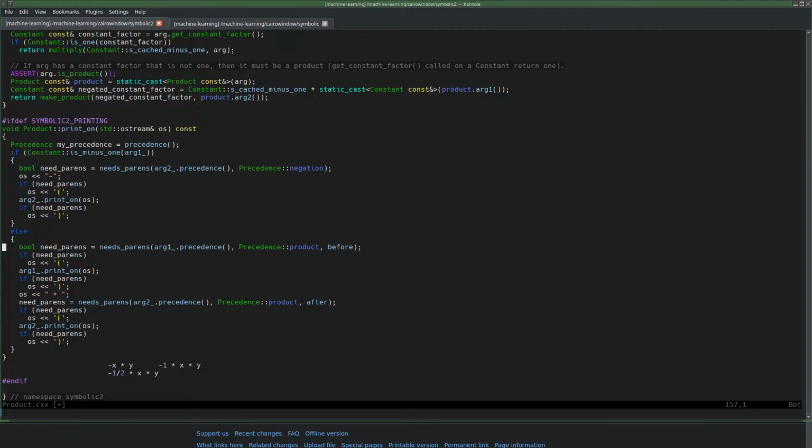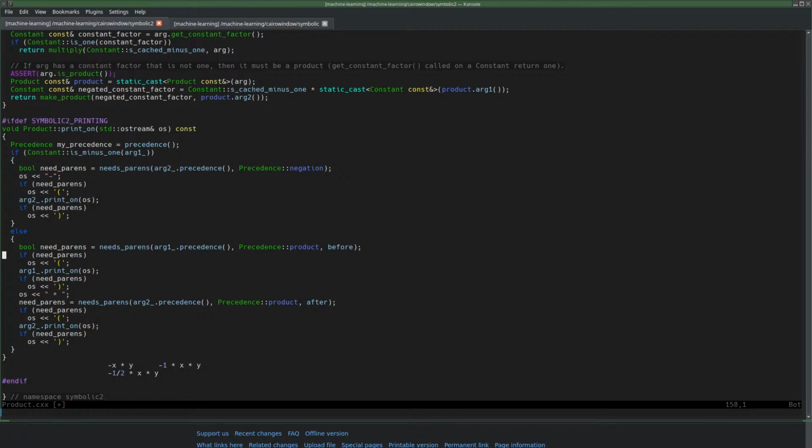And then here I had my precedence, which simply gave the precedence of the fact that it started with a negative constant. But that's kind of wrong, because then I ask what to do if I have a negative constant in front of a product that starts with a negative.